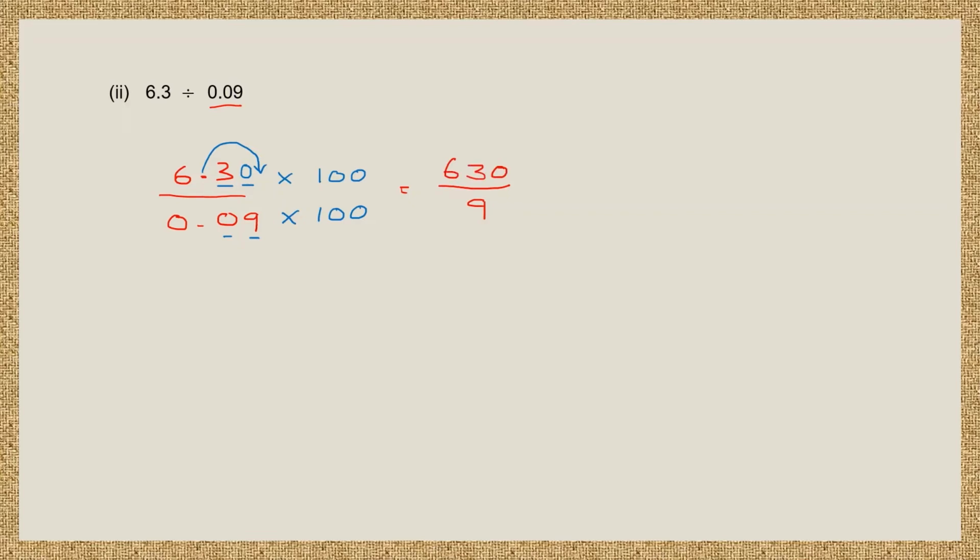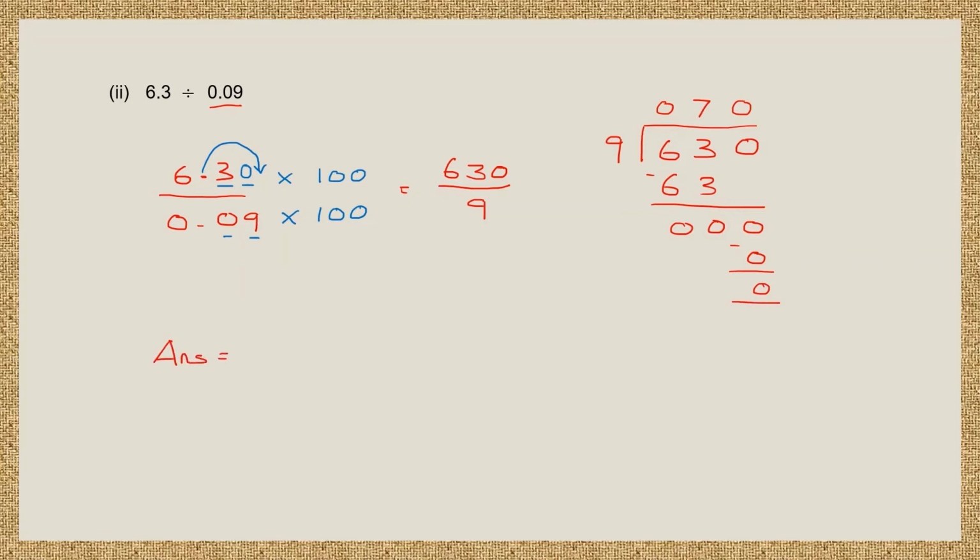So what is my question now? 630 divided by 9. Let's do that division. 630 divided by 9. First number is small, so I put a 0. 63, 9 sevens are 63. Minus 0, bring down the 0. 9 zeros are 0. Minus, so what is my answer? My answer to this question is 70.